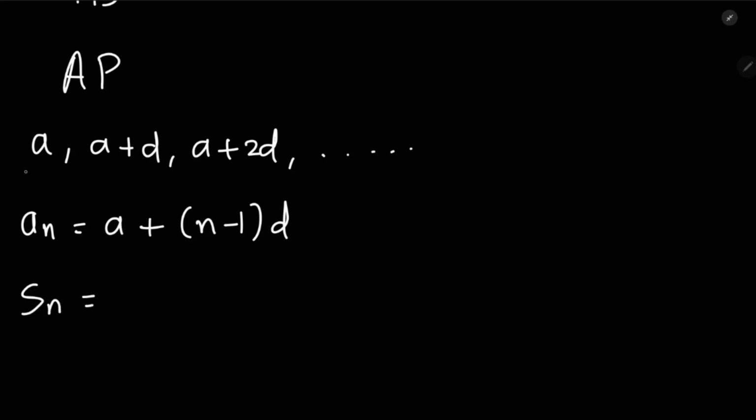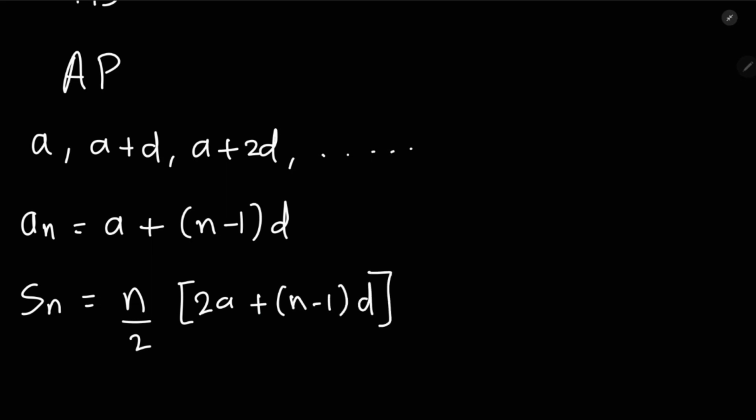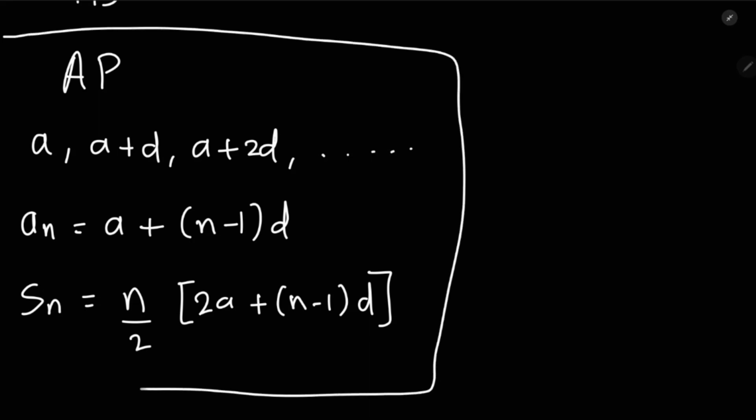The sum of n terms of this sequence is n by 2, 2a plus n minus 1 times d. So basically this is usually what you will have to know to do the problems of arithmetic progression. And you can solve a few more examples to practice this.